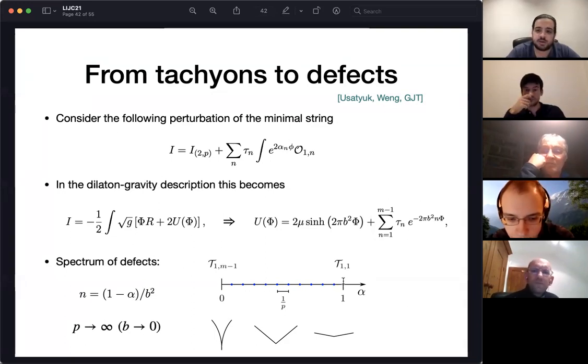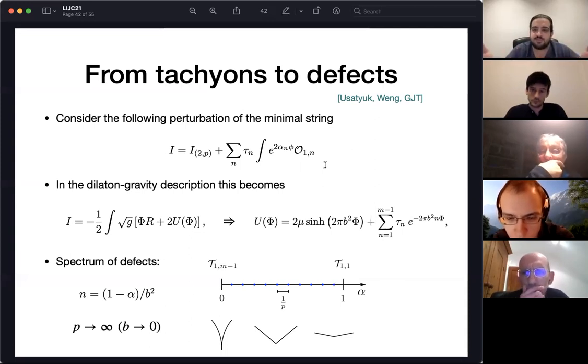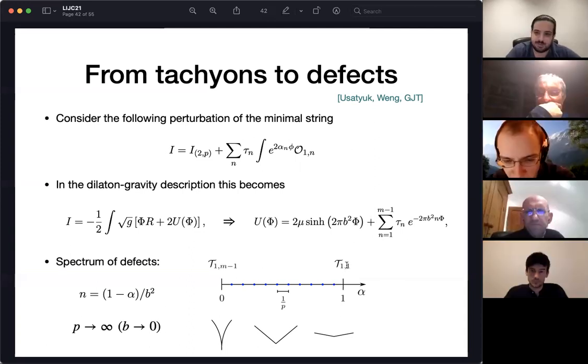And alpha equals 1 will correspond to the identity operator. So this is a simple shift of the cosmological constant, if you look at it here. And this corresponds to the fact that if you add defects with 0 deficit angle, you should recover the same theory that you started with. So that's the minimal string version of it.